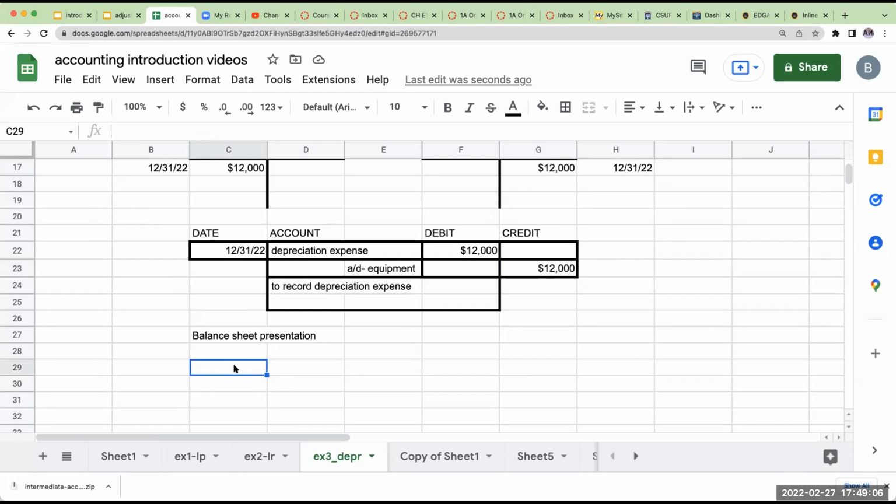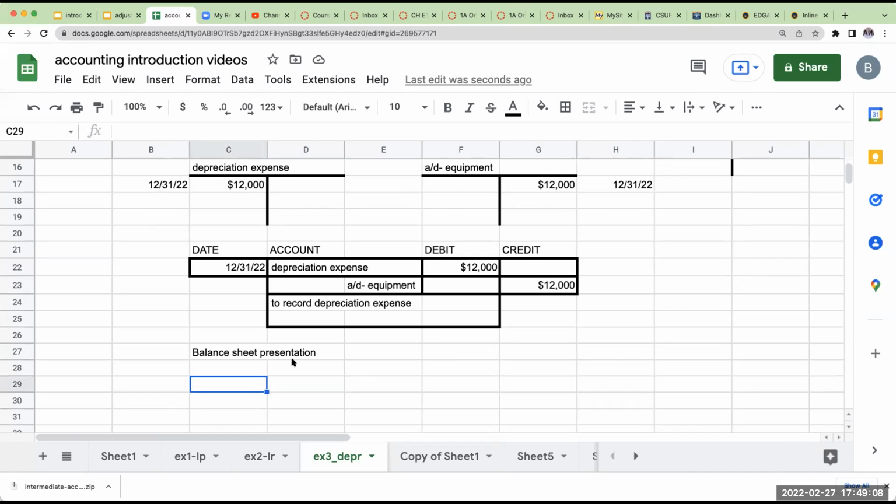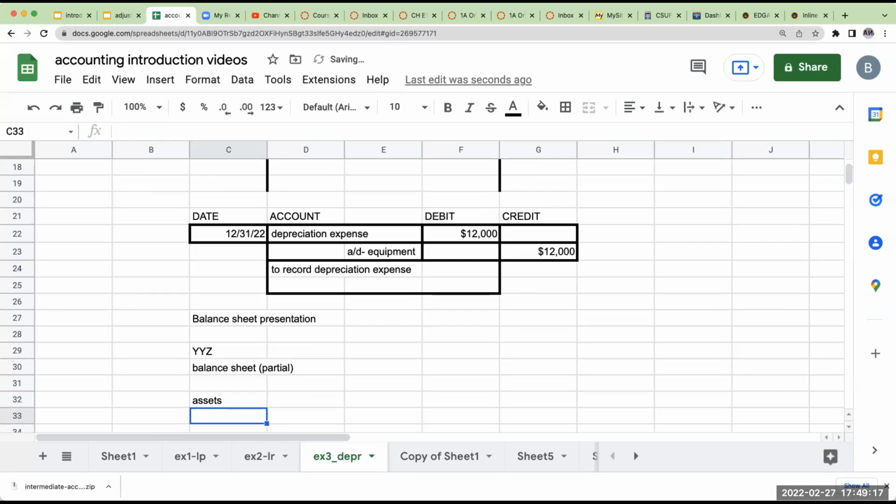Now, when it comes to my balance sheet presentation for YYZ, I'm going to look at assets. When I look at assets, I have 2 different types: current and non-current. Non-current is something that's giving me benefit over multiple years. Generally, equipment that I am using in my operations will be a non-current asset.